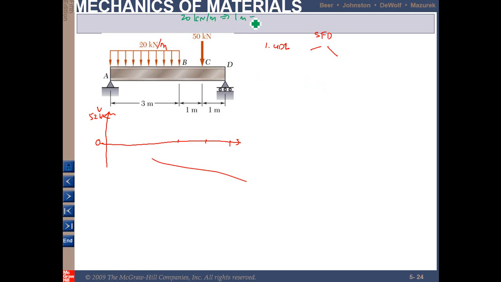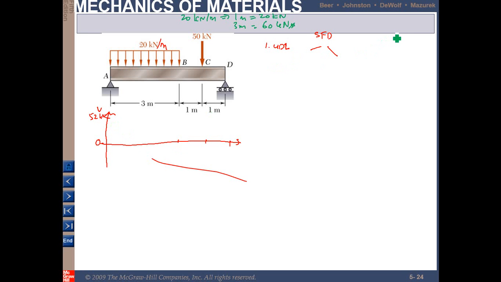In 1 meter it is equal to 20 kilonewton, so in 3 meters it will be 60 kilonewton. So this 52 will go down until 60 kilonewton.